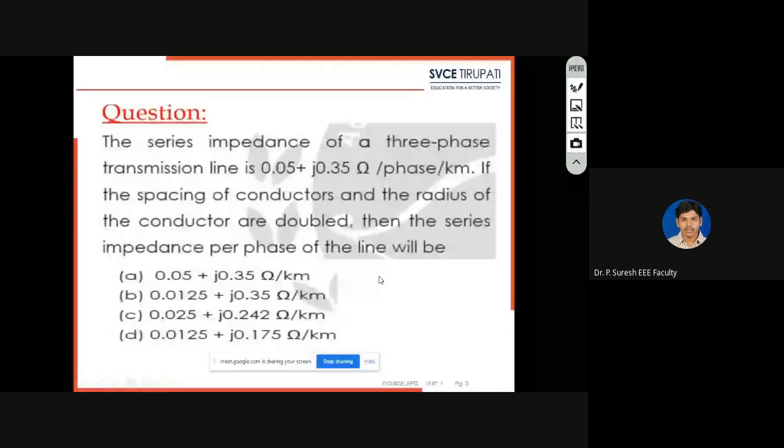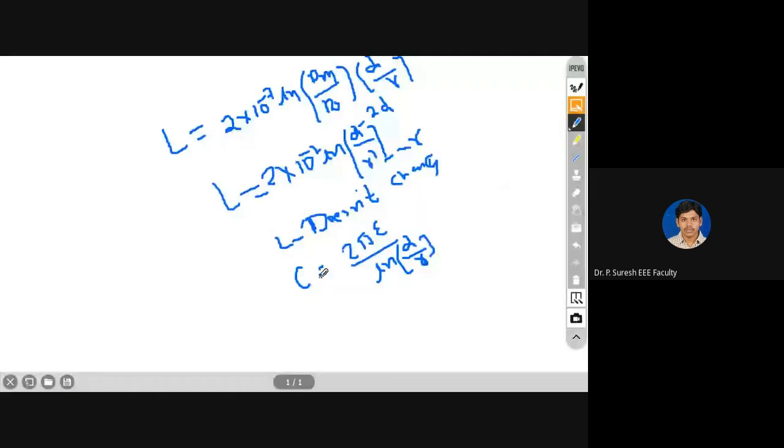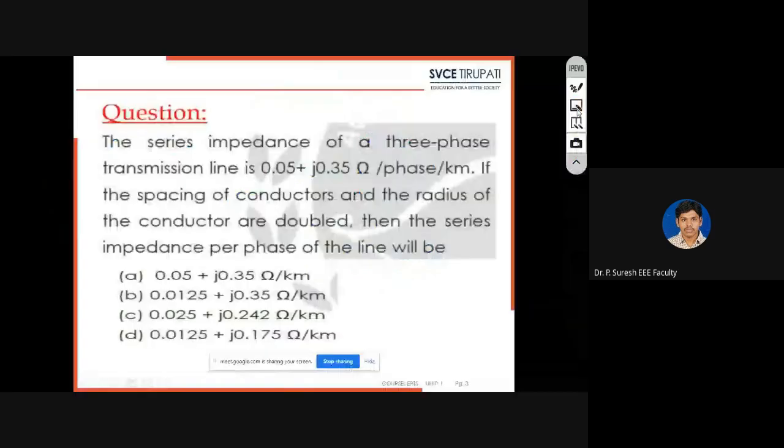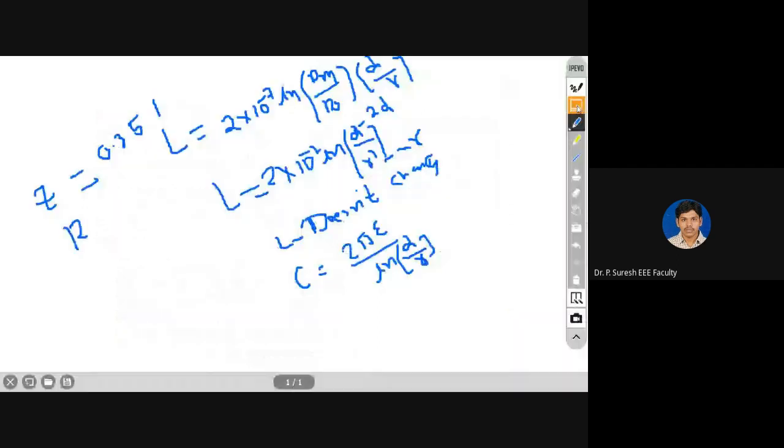So L and C is unchanged. So they given Z equal to R equal to 0.05 plus j0.35. Z equal to 0.05 plus j0.35.